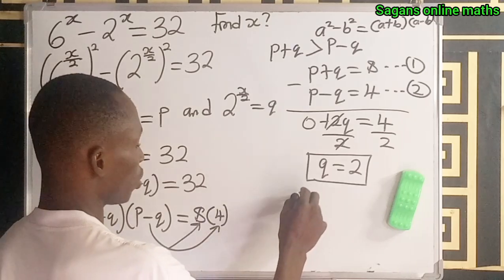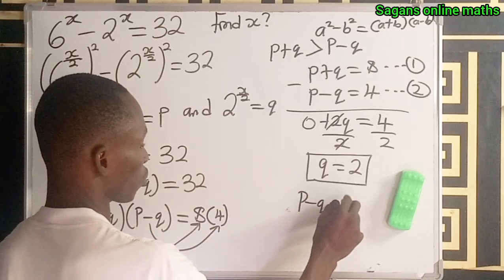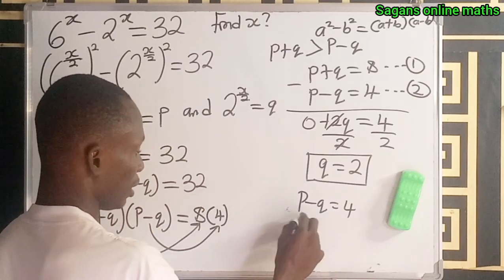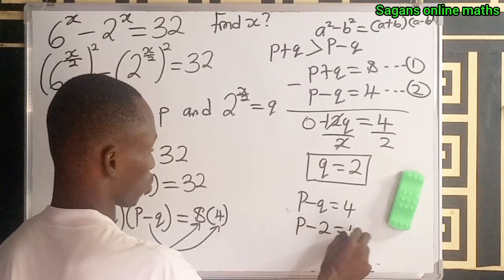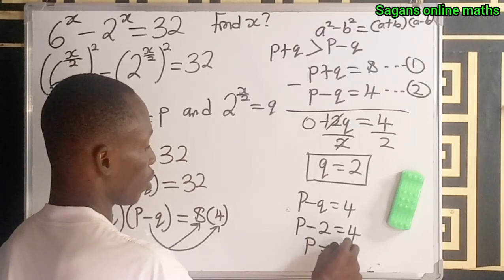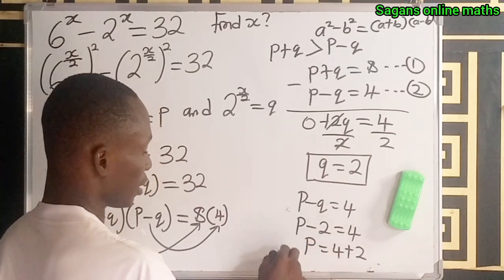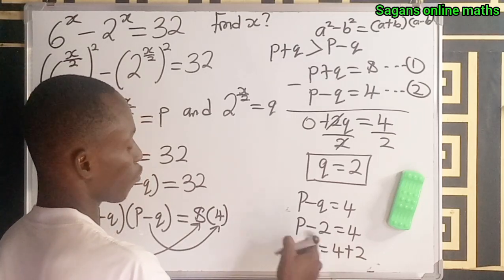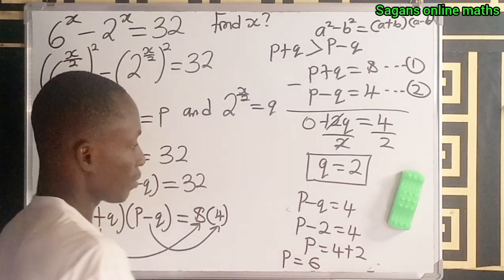Remember from equation 2 that p minus q is equal to 4. We know that our q is 2. So p minus 2 is equal to 4. Let's add 2 to both sides. It means that p is equal to 4 plus 2. So it means our p is equal to 6, because 4 plus 2 is 6, right?